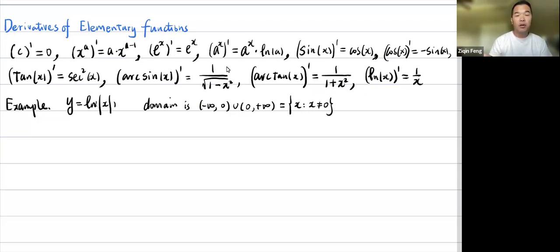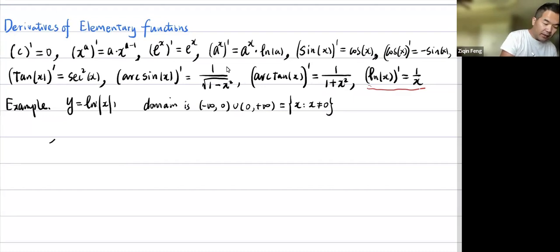Now we want to know what's the derivative of this function, right? We do know this is true: whenever x is positive, natural log of x prime is 1 over x, right? Because we don't have a general formula to handle the derivative of absolute value, let's try to write our function piecewise in two formulas.